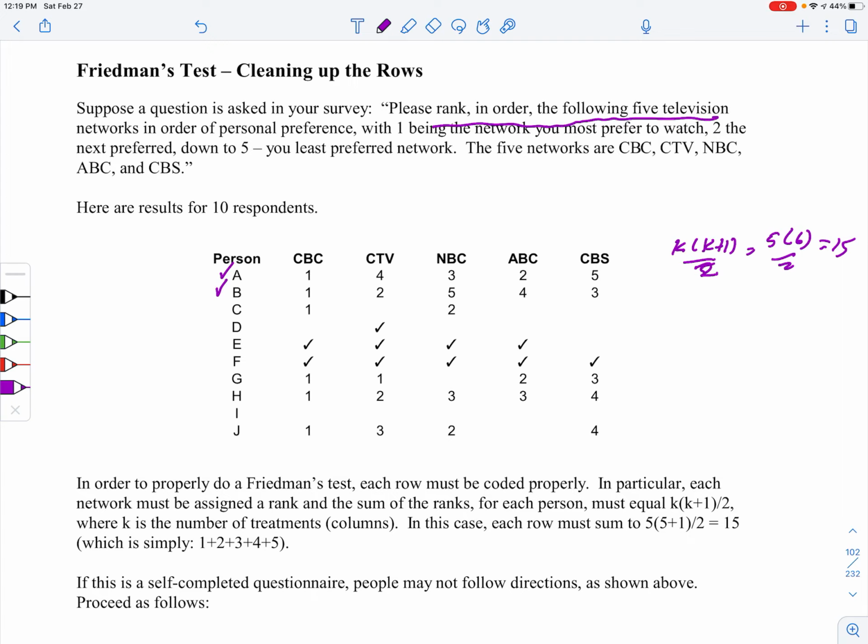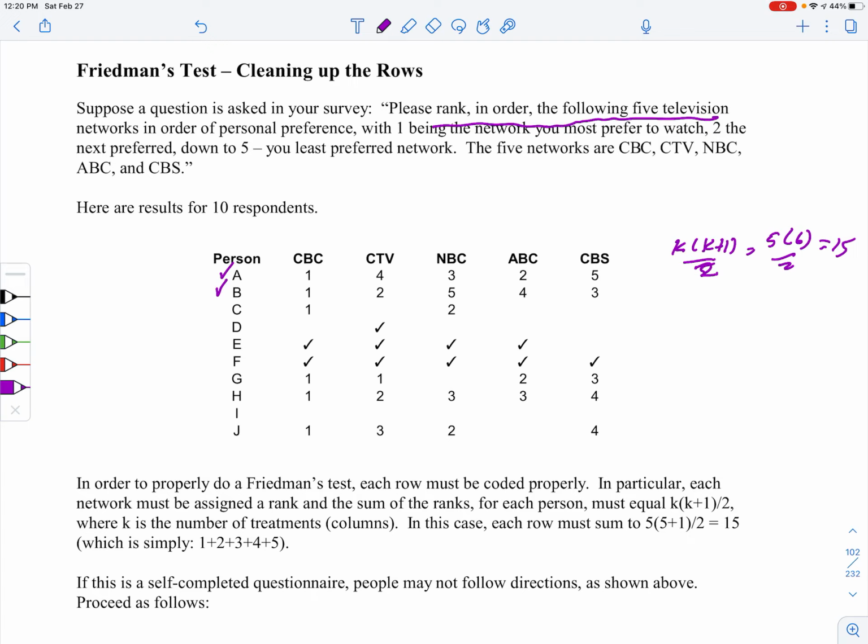Now, you don't want to leave it blank because remember, a low number, a 1, is considered to be the most preferred. And so if you leave it blank, actually, the numerical value of a blank is 0 when you use the machinery here of the calculation, and you don't want that.